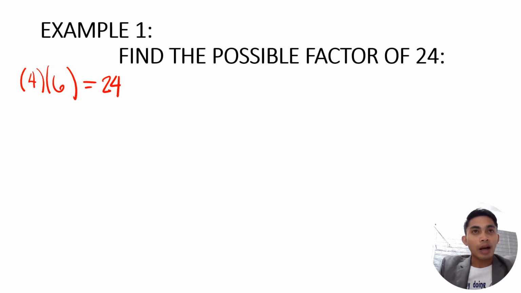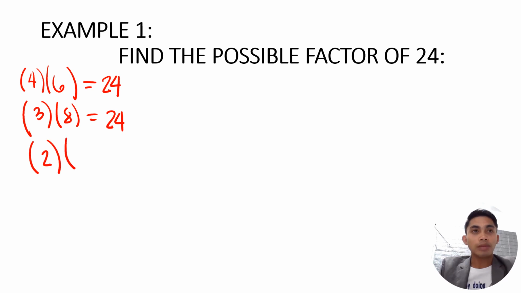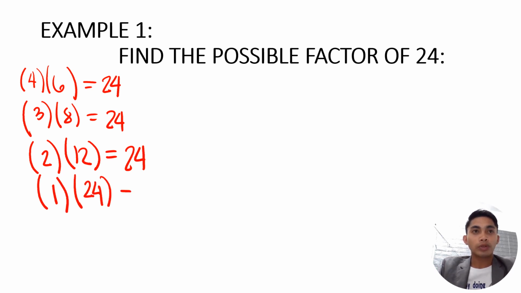Another possible factor pair of 24 is 3 times 8, which is equal to 24. Another is 2 times 12, which is equal to 24. And then the possible factors also for 24 is 1 times 24, which is equal to 24.